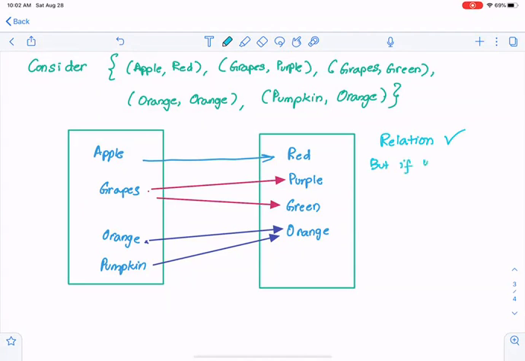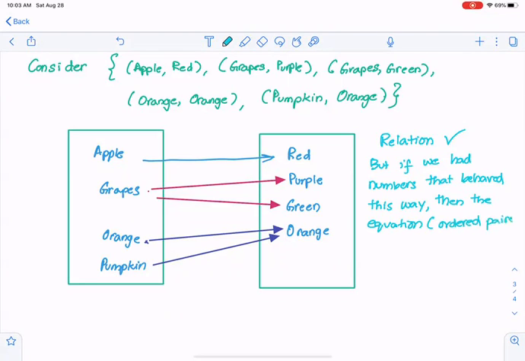But if we had numbers that behave this way, then the equation or the ordered pairs is not a function.